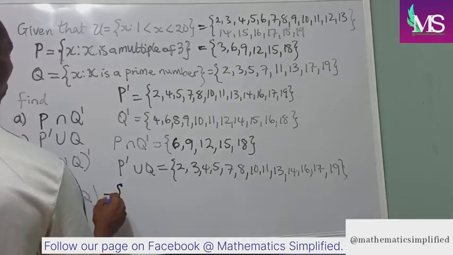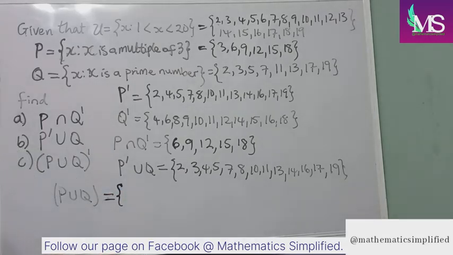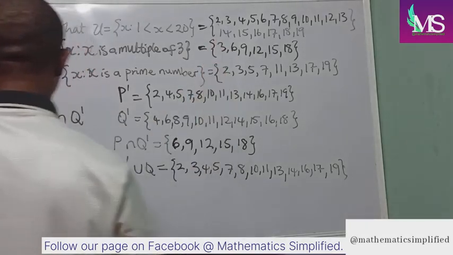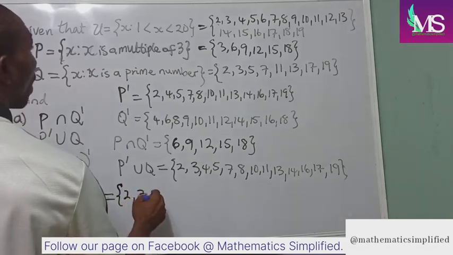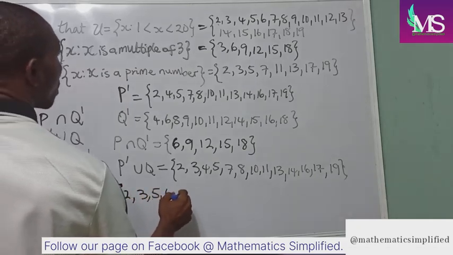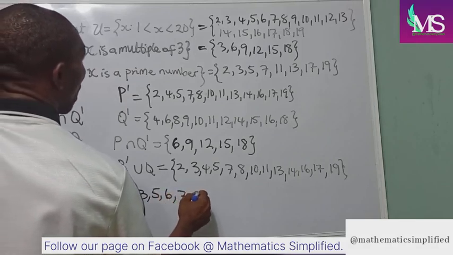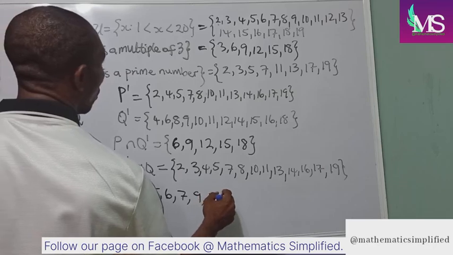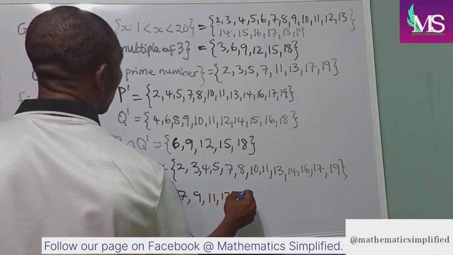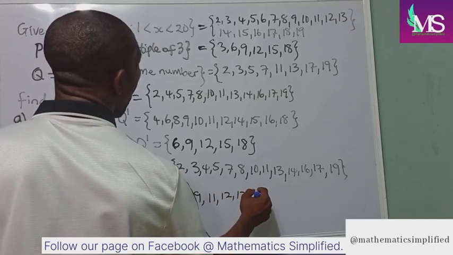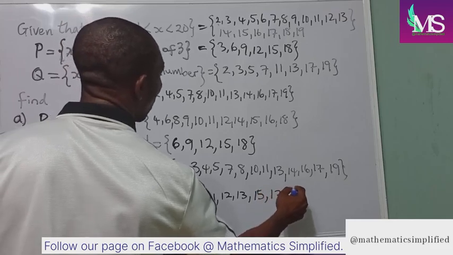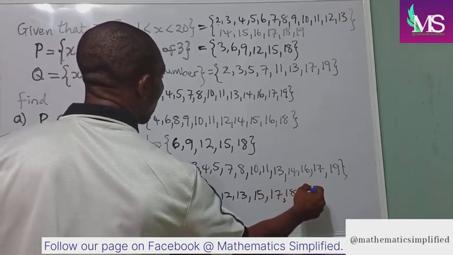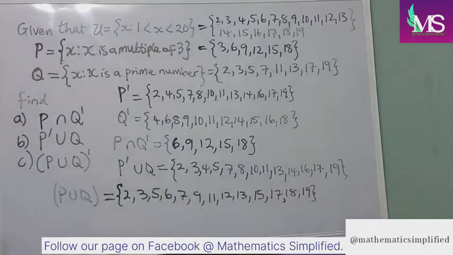Adding our P and Q, we are having 2, 3, 5, 6, 7, 9, 11, 12, 13, 15, 17, 18, and 19. Okay, that is P union Q.